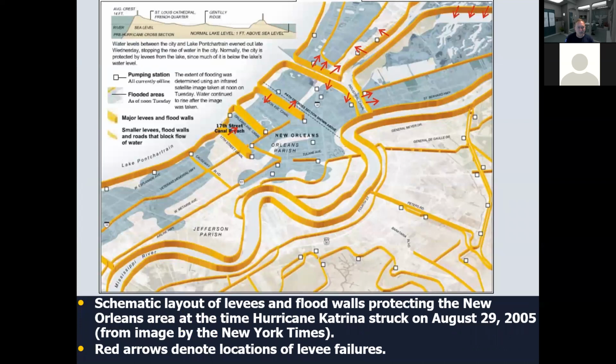And then this also gives you an idea of the type of levees that exist in and around New Orleans. This is a picture showing where levees failed. There were approximately 47 levee failures during Hurricane Katrina. And they failed for a number of reasons.